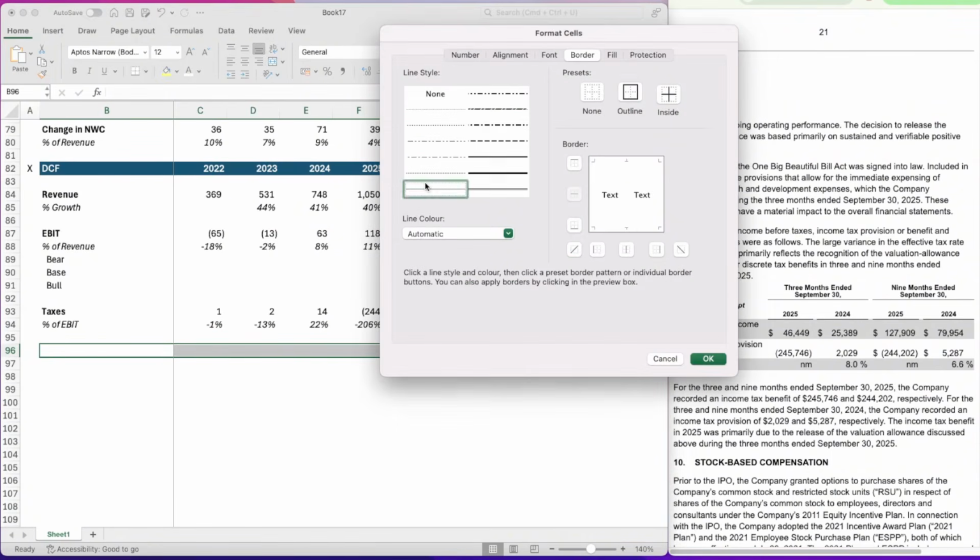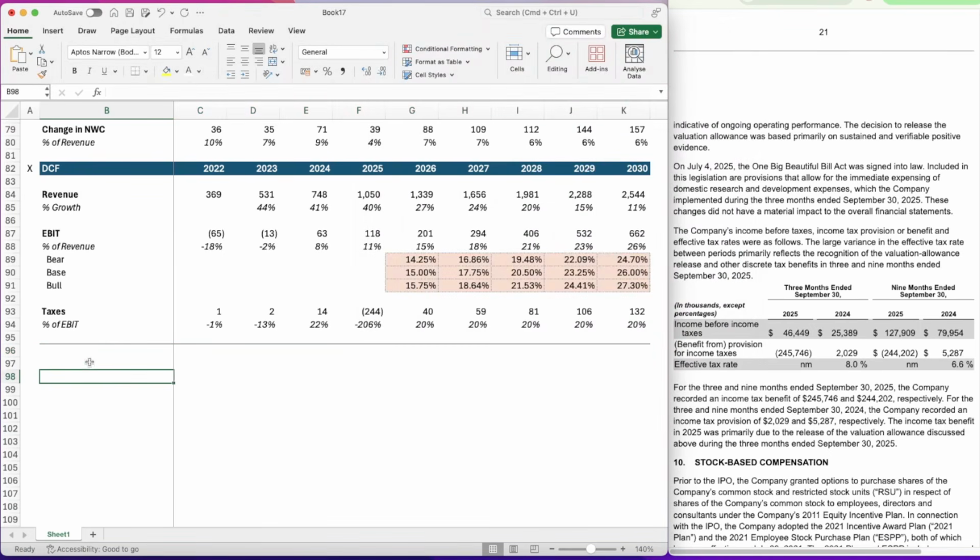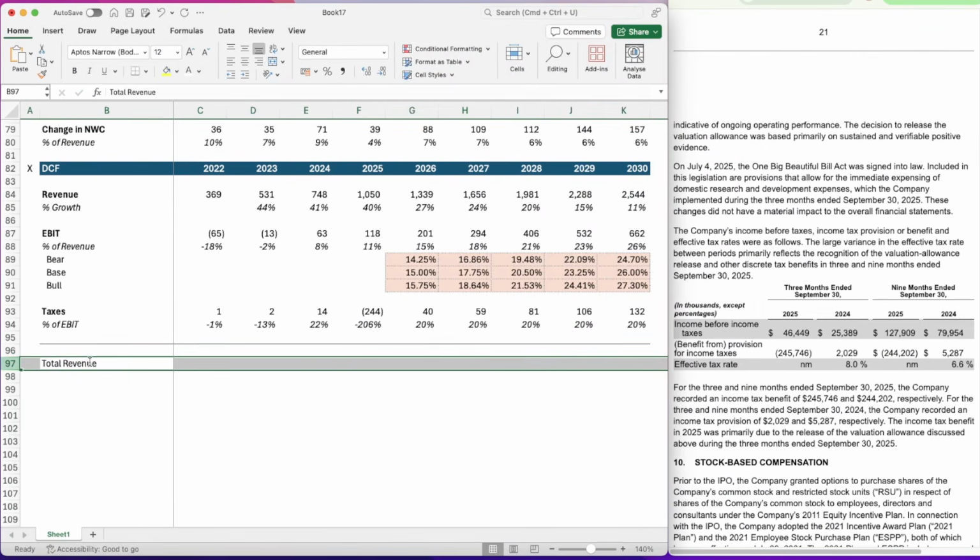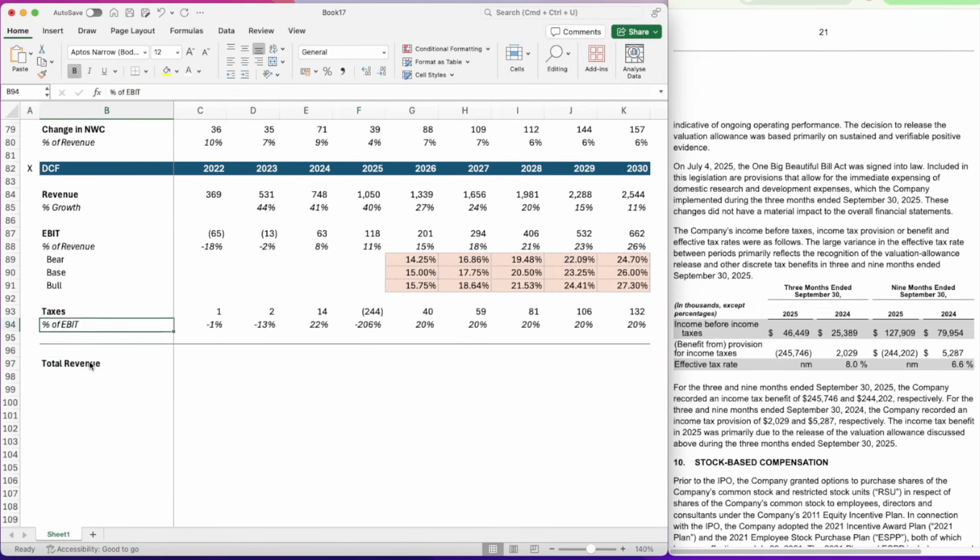Sorry, no, we don't want that. This is the EBIAT, the earnings before interest but after tax. The way we calculate that, we just take our EBIT and we subtract our tax. There we go. Now bring back in your cash flow items.